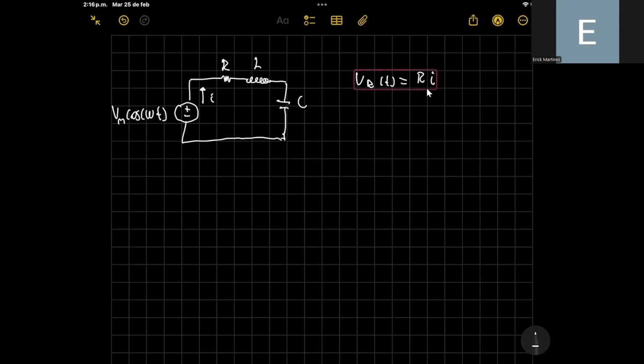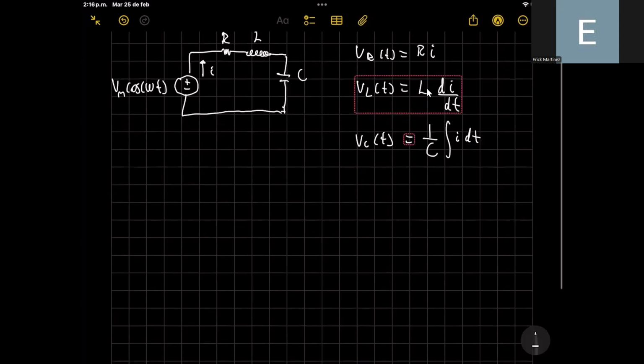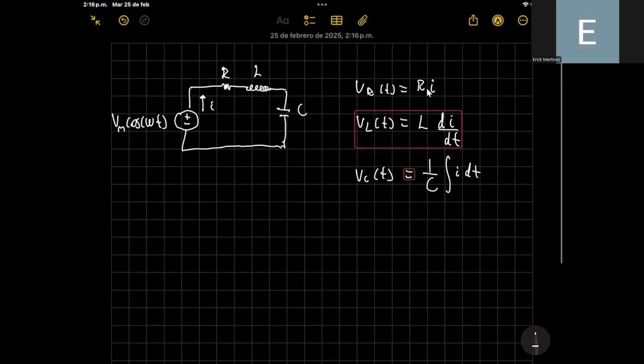And the voltage of the inductor is equal to the inductance value times the derivative of the current with respect to time, and the voltage of the capacitor is equal to 1 over C, the capacitance value, times the integral of the current with respect to time. So these are the relationships that we have.